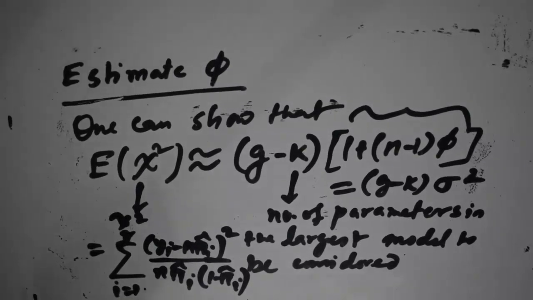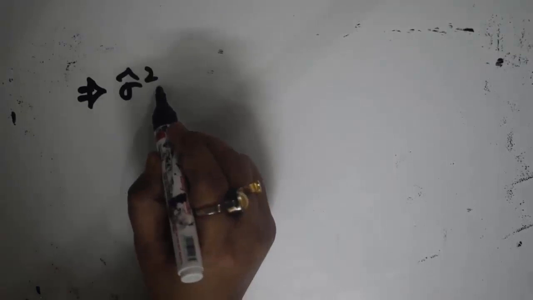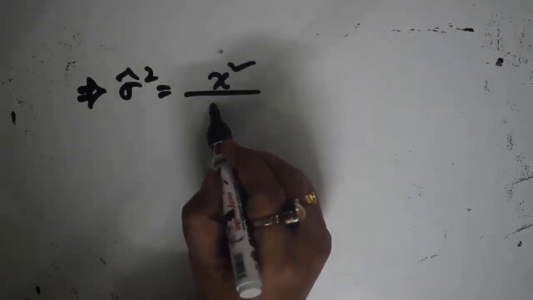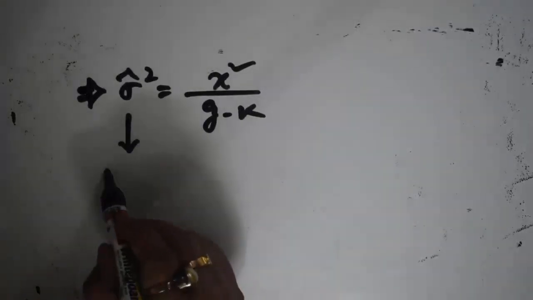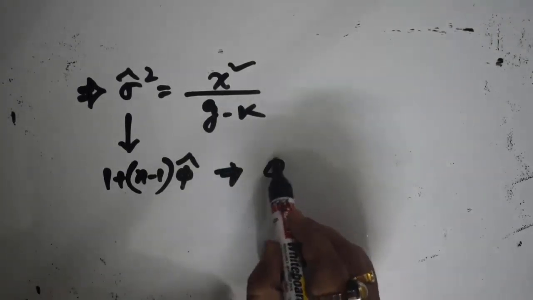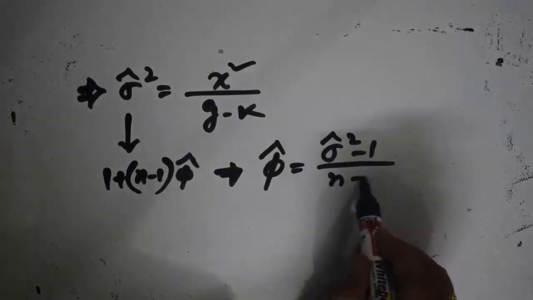Therefore, this implies sigma hat square equal to chi square divided by (g minus k), since sigma hat square is nothing but 1 plus (n minus 1) phi hat, so this implies phi hat equal to (sigma hat square minus 1) divided by (n minus 1).